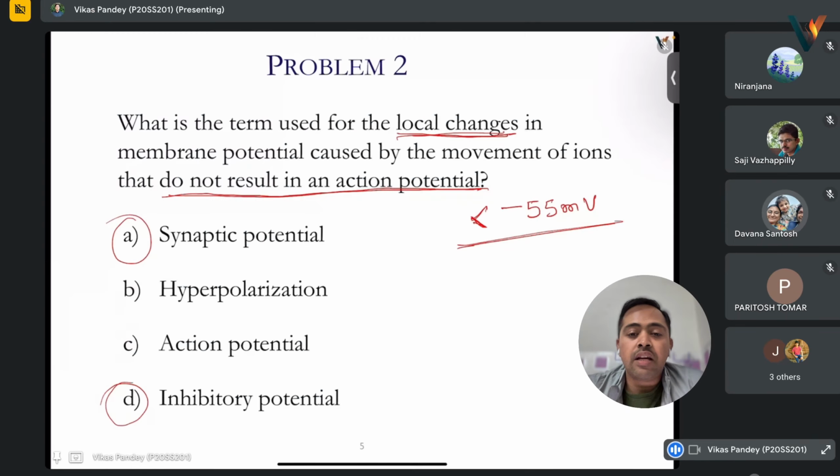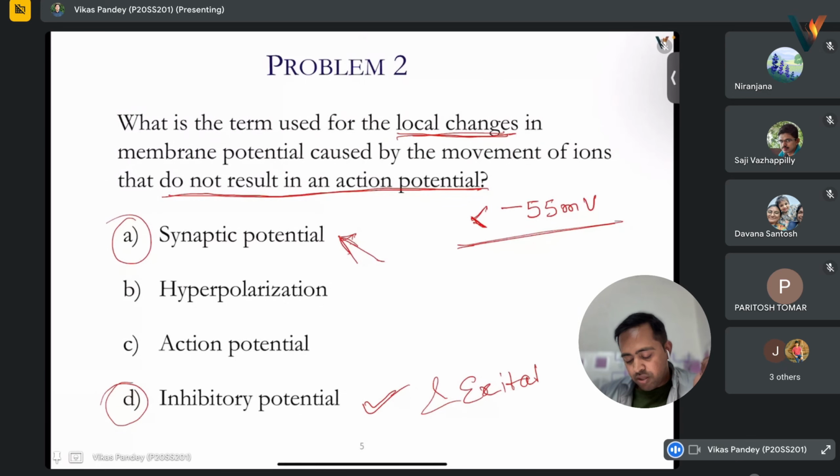They are actually not explicitly saying what kind of potential, whether it will be inhibitory or excitatory. And these occur at the synapse. That is why they are called synaptic potential. So this one is also partially correct. I will not say fully incorrect, but it includes inhibitory as well as excitatory potentials.